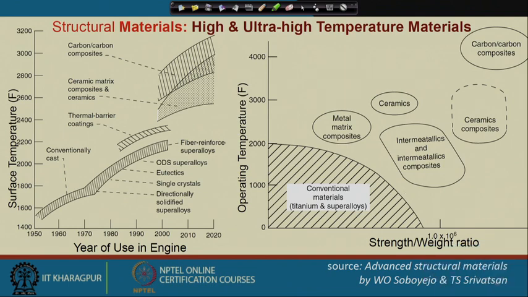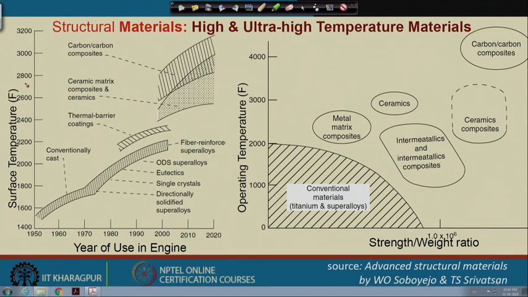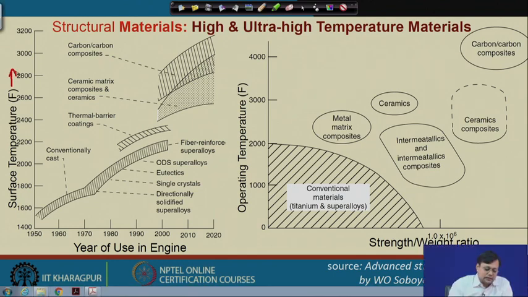Here I show you the surface temperature that a material can withstand with the year of the use of the engine. So, we already talked about super alloy which can withstand very high temperature in the last class also, but one can have a look depending on different processing techniques like directionally solidified superalloy or single crystal, or let us say some eutectic microstructured superalloys or oxide dispersion strengthened superalloys.